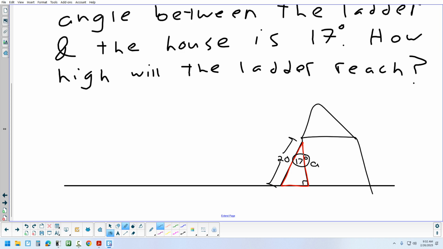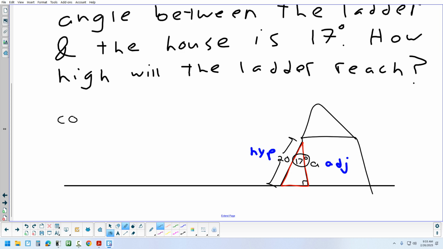You can find A. Okay, we do have to find A, and how are we going to figure out what trig function we need? Hypotenuse and adjacent. Okay, so let's label our sides. The 20 is the hypotenuse, and A is adjacent. So based on that, what trig function are we working with?